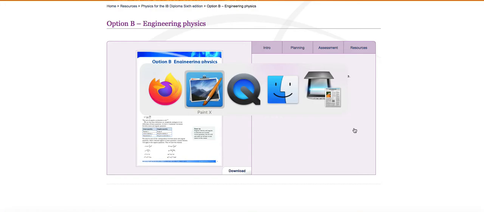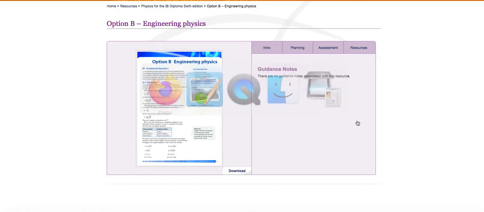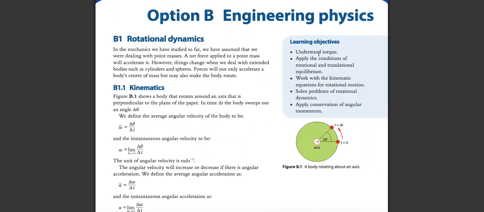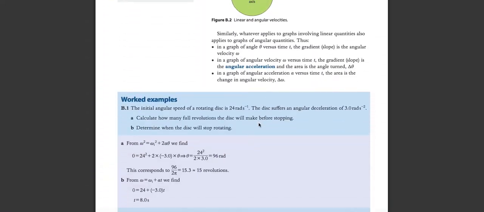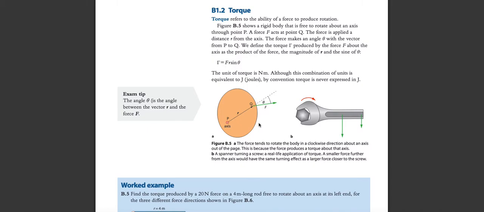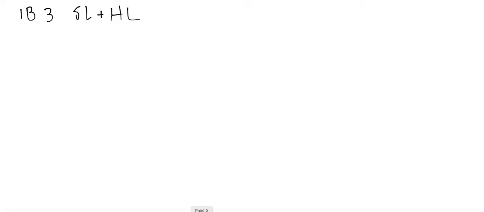Okay, I've downloaded it. I have this option. Here engineering physics is option B, so I'm going to focus today on a problem called torque. Some of you know this problem. I know that there is one extended essay in this school year about torque.